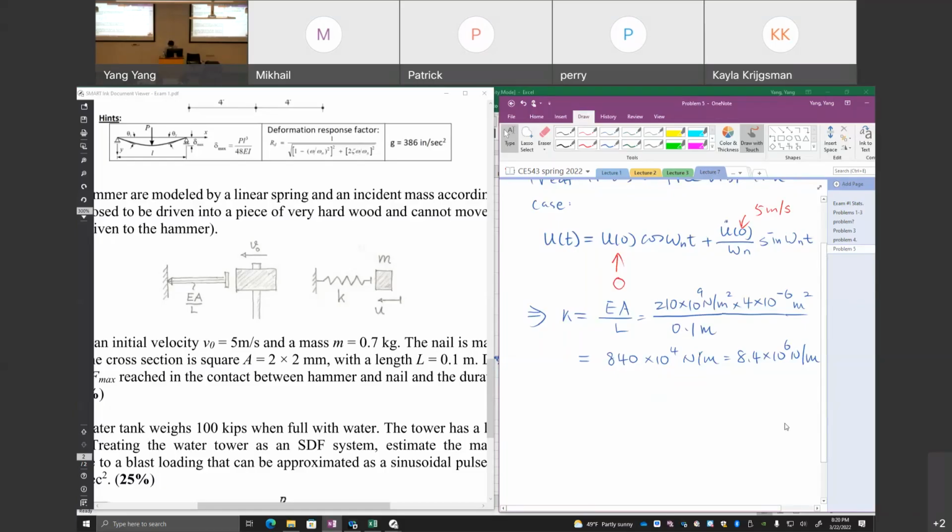If all of you get the correct number for the stiffness, that's good. And then the mass is already given to us, so we should be able to calculate all of that.